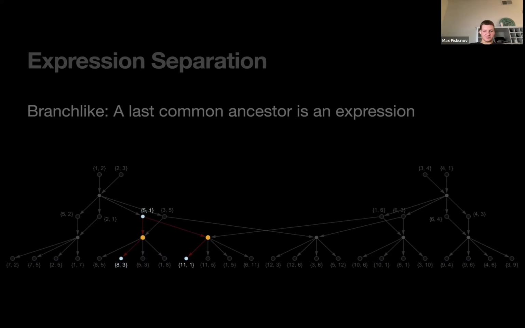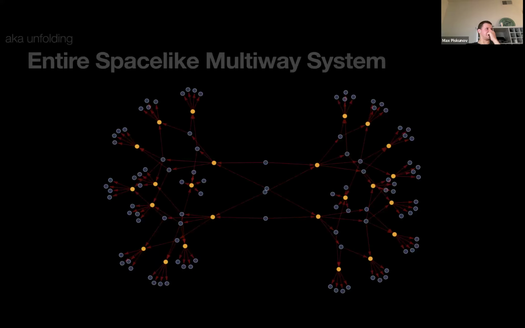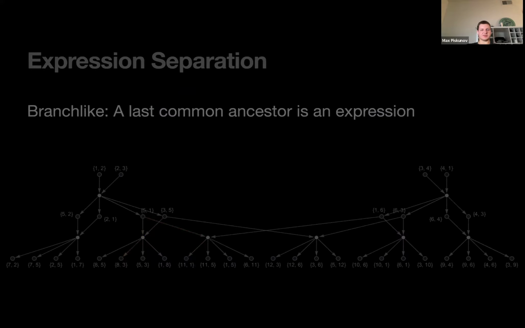In fact, you can have a data structure that's quadratic in the number of expressions. And then you can have an algorithm that would run the local multiway system in quadratic time. And so that's implemented in SetReplace. And then if you run it for the entire system, you get the whole space-like multiway system.